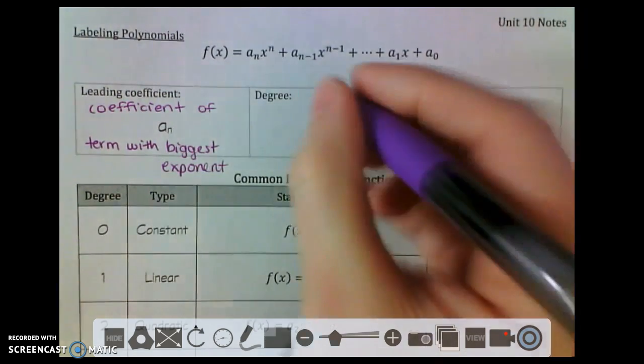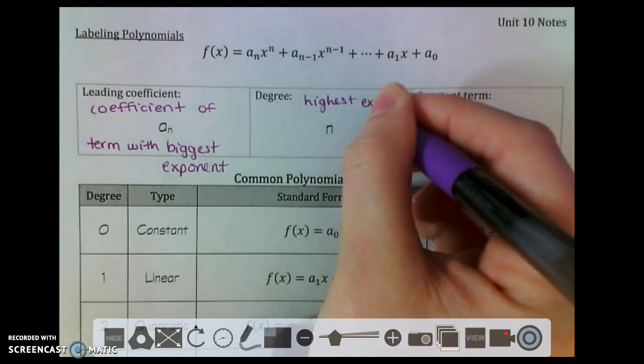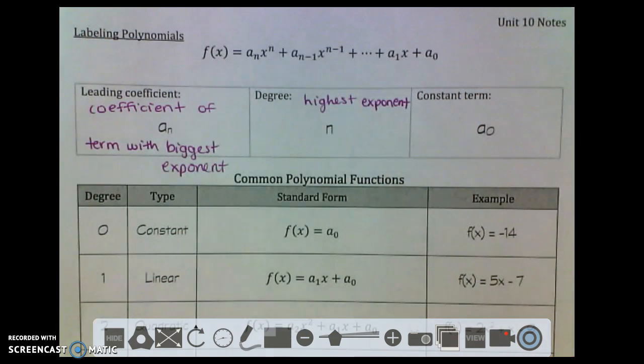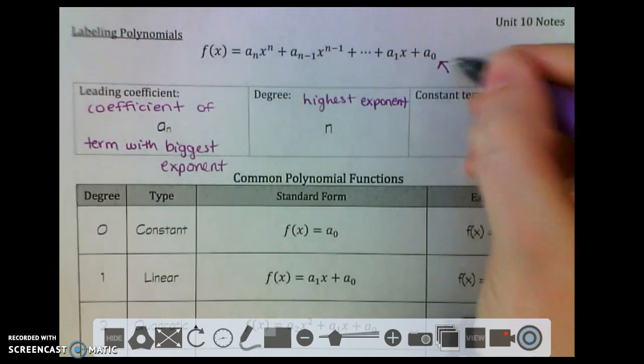The degree is the highest exponent. So if your highest exponent is 3, you have a third degree polynomial. If your highest exponent is 7, you have a degree 7 polynomial. And the constant term is this a sub 0. It's this term here at the end.